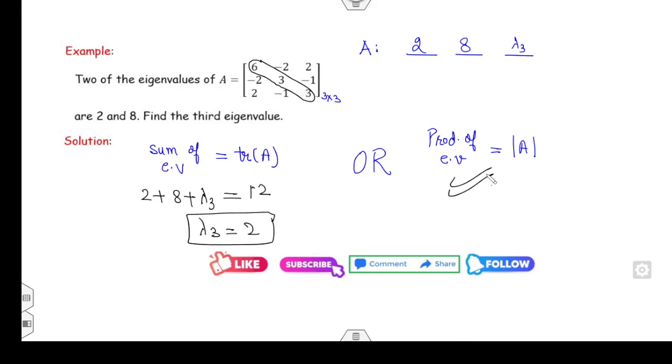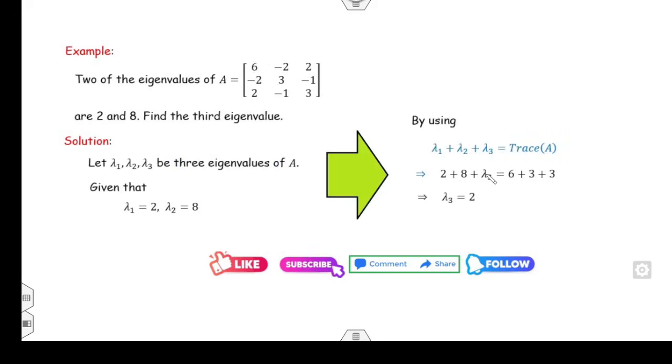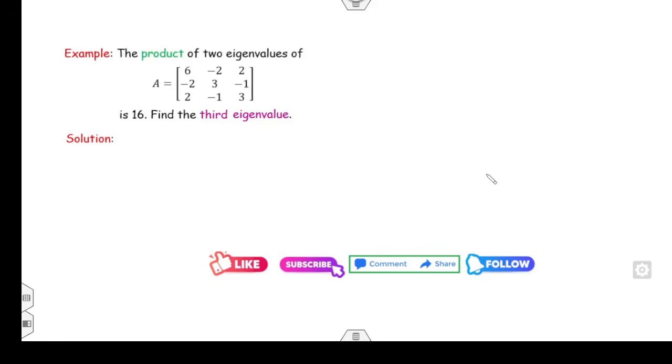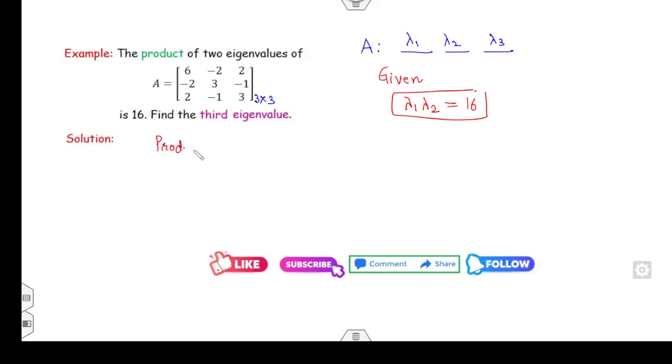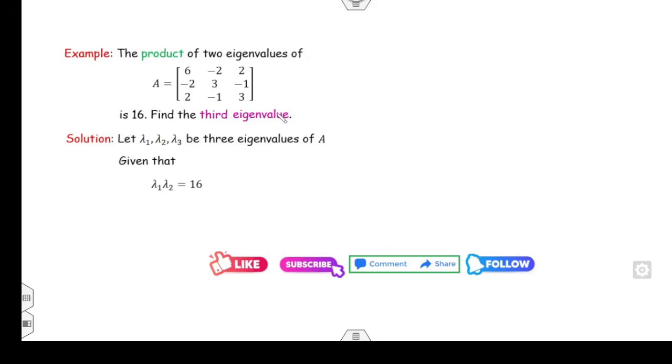The same you can solve using the product of the eigenvalues. If A is a 3 cross 3 matrix, and the product of two eigenvalues is given as 16, can you find the third eigenvalue? Since this case gives a product of eigenvalues, I can use the concept that the product of the eigenvalues is equal to the determinant.